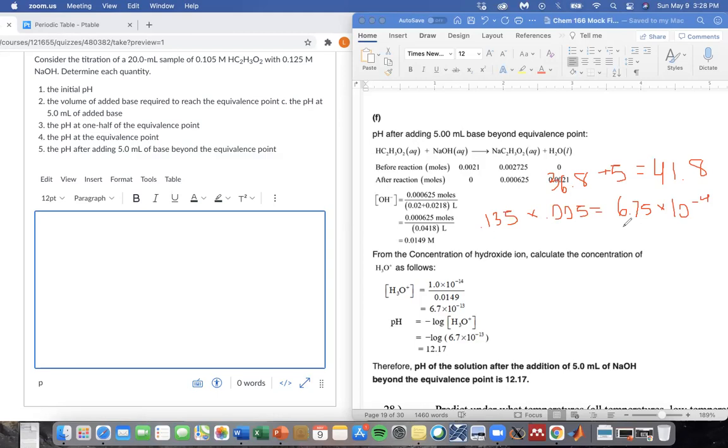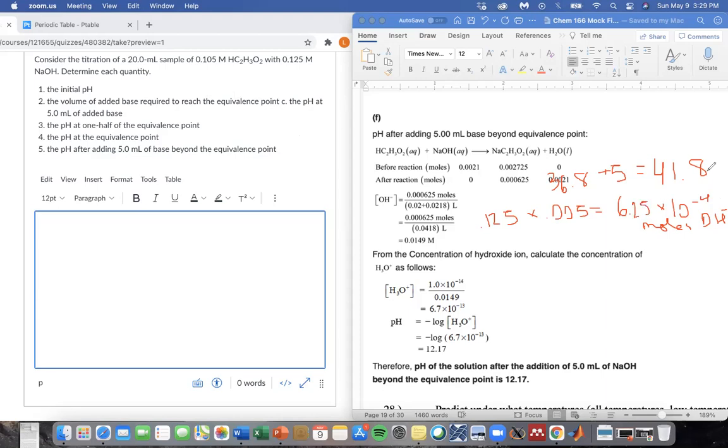Oh, sorry, it's not 135, it's 125. So then instead of being 6.75, it would be 6.25. So you'd have 6.25 times 10 to the negative fourth moles of OH minus.